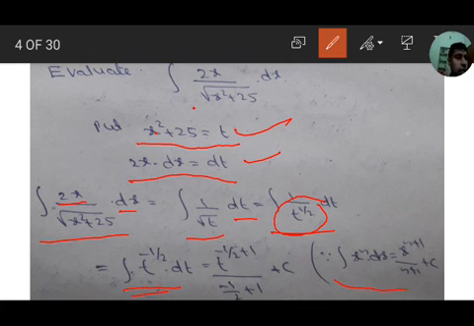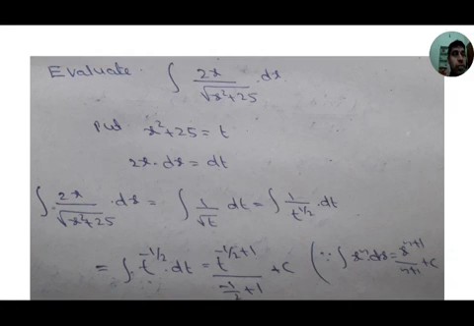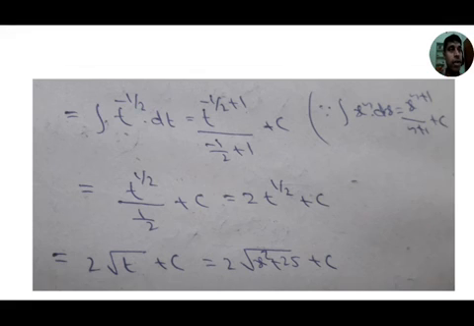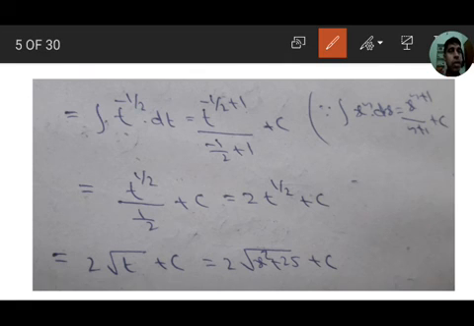Using the same formula, integration x to the power of n equal to x to the power of n plus 1 by n plus 1 plus c, here n equal to minus 1 by 2. t to the power of minus 1 by 2 plus 1 by minus 1 by 2 plus 1, plus c.